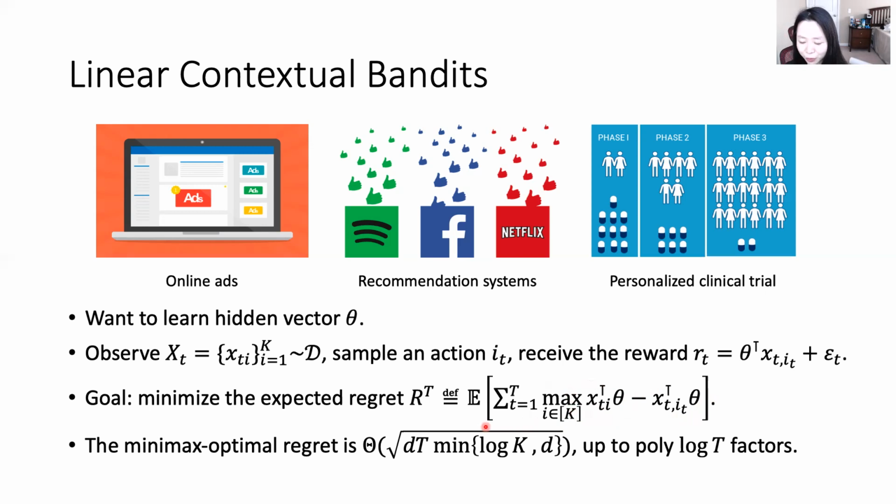Also notice that previous study has shown that the minimax optimal regret is almost of the order of square root of dT. And this will be our target goal in the later analysis.